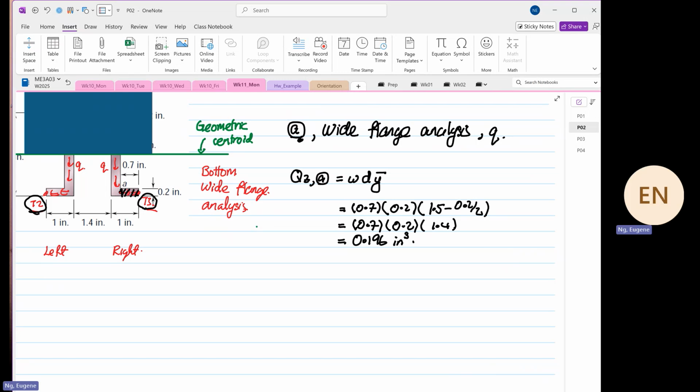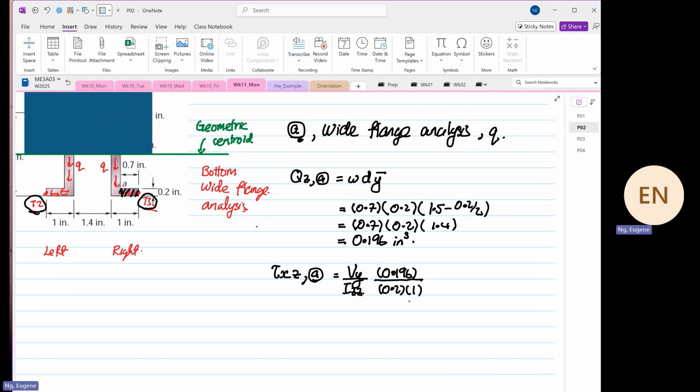So from here, we are going to find the shear in the Z plane. The shear stress going in the X direction at point A is equal to Vy over Izz. Qz is equal to 0.196 divided by the thickness, which is equal to 0.2.